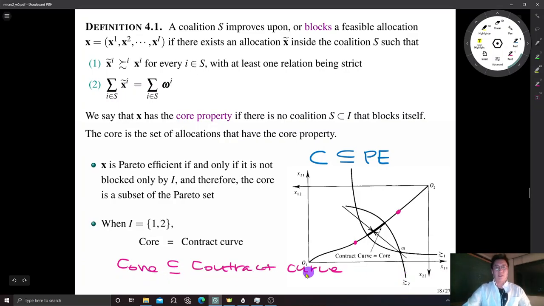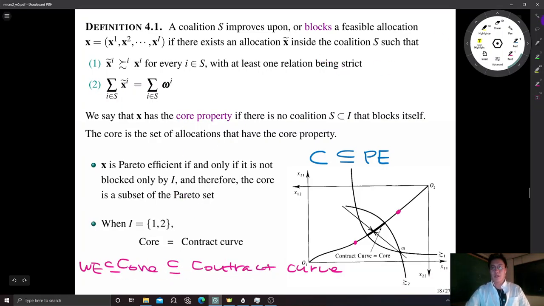So it just examines a one-individual coalition, but the core considers all possible coalitions. So the core will be a subset of the contract curve. One more thing you can notice is, because a Walrasian equilibrium allocation will belong to the contract curve, the Walrasian equilibrium is a subset of the core.